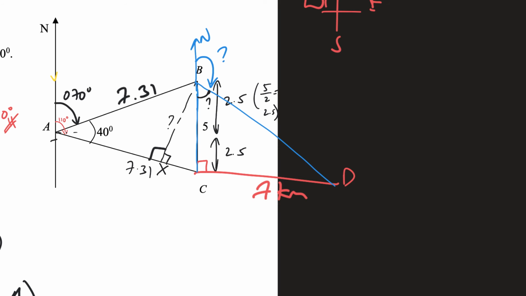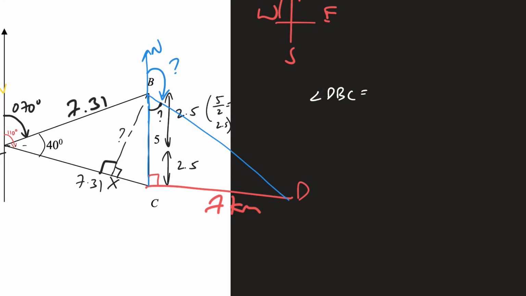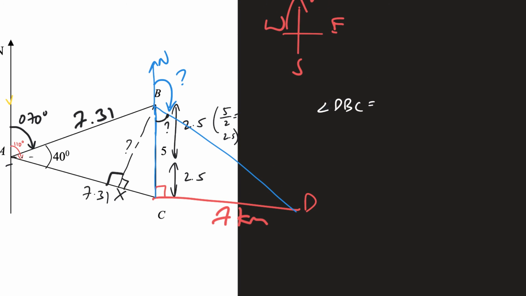So we can say angle DBC. And actually I don't really know what it is, but if you look at it like this, it is 90 degrees. I can say tangent of this angle is opposite over adjacent. And so this angle itself is tangent inverse of 7 over 5.